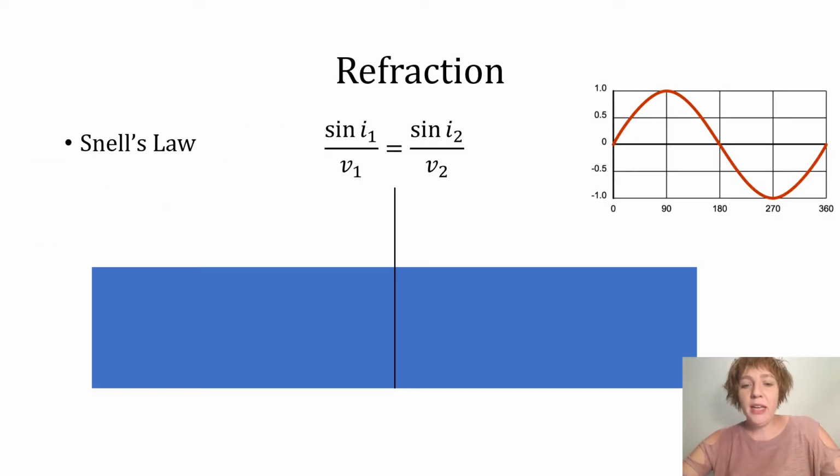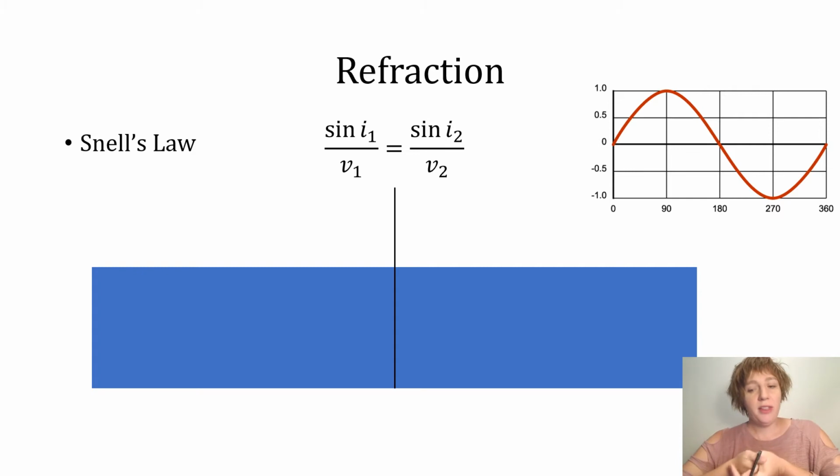Okay. We can actually use Snell's law, which is a mathematical equation, to determine the values of the incident angle and the refracted angle, and all that this is going to depend on is the velocity of the wave through the medium.